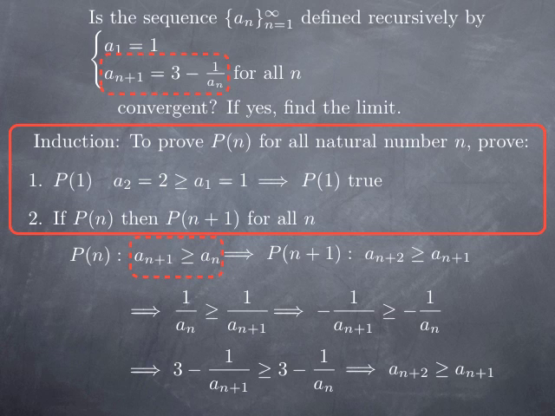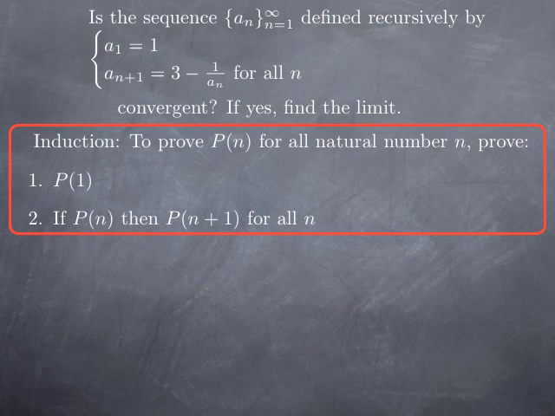In other words, this inequality is simply a_{n+2} ≥ a_{n+1}. So what we have proved here is that if a_{n+1} ≥ a_n, then a_{n+2} ≥ a_{n+1}. In other words, P(n) implies P(n+1). And since we've already checked that the property P(n) was true for n equal 1, we have proved by induction that our sequence is non-decreasing.